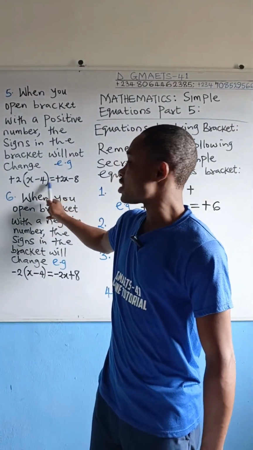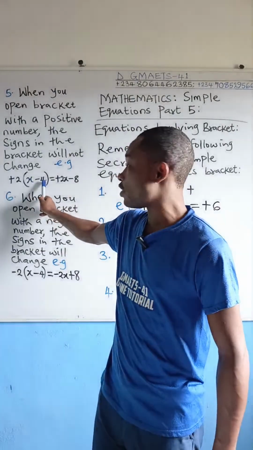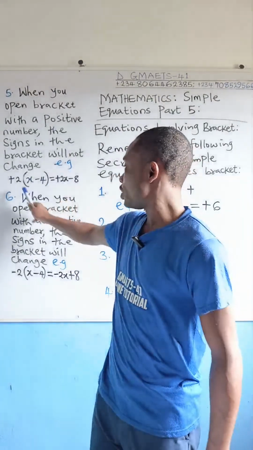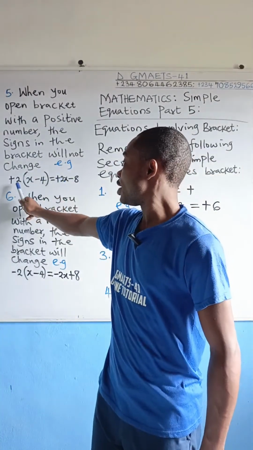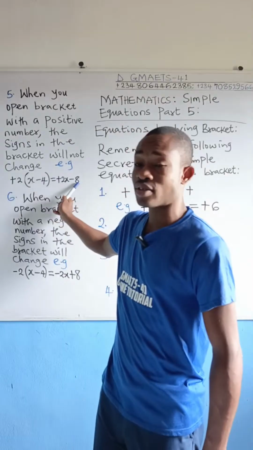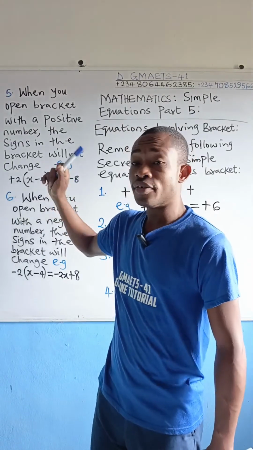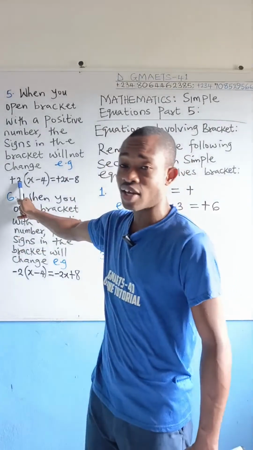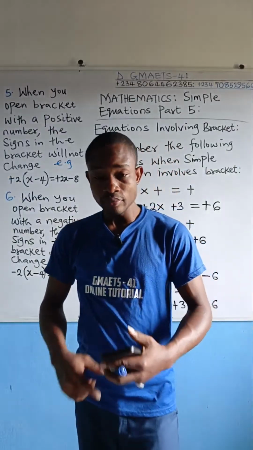So here, the final answer we are going to get will still be positive of the x and negative of this part of 4. I gave you an example here. 2 times x will give you 2x, positive. And then 2 times minus 4 will give you minus 8. So you see the signs in the bracket remained in our final answer. The reason is because the number outside the bracket is a positive number.